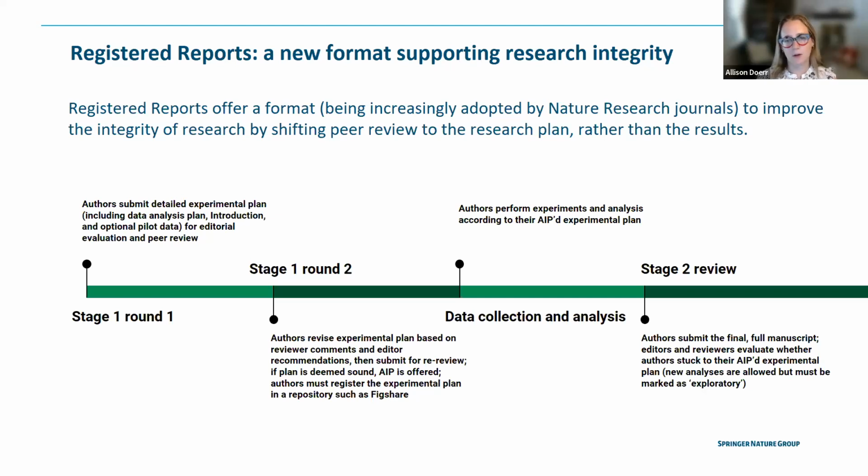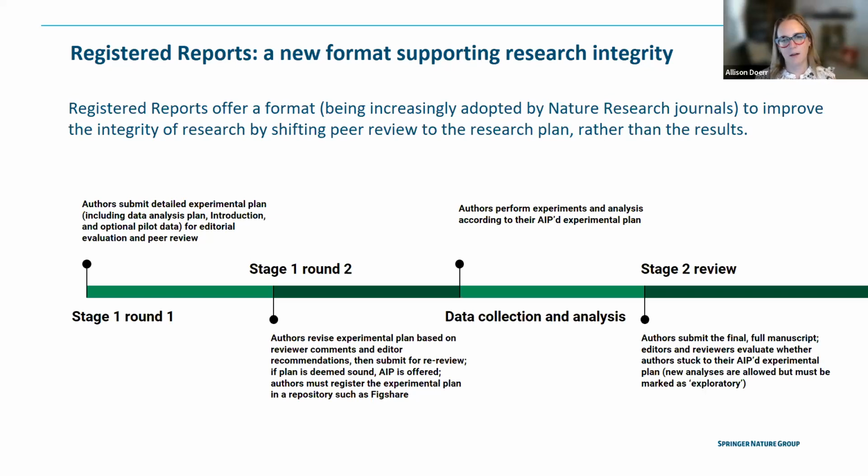The authors would then go off and perform their experiments and analyze their data and submit the final version of the paper, which now looks like a regular research paper. And that again goes back to the reviewers, but the reviewers are asked to only check the soundness of whether the authors stuck to their experimental plan and whether they make reasonable interpretations of their data.